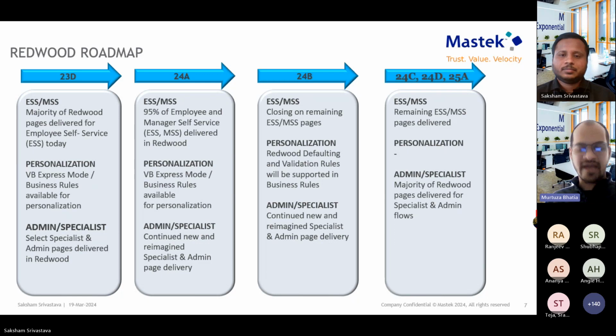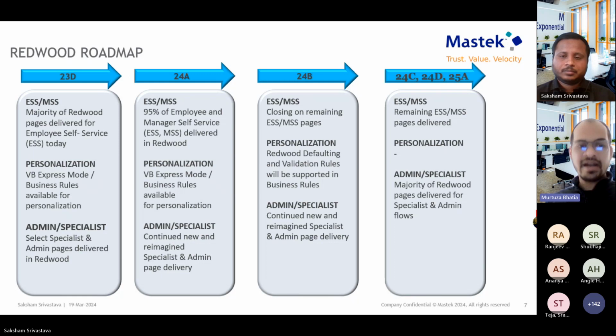And by 25A, all the ESS and MSS pages will be delivered in Redwood, and everyone will have to move their ESS and MSS pages to Redwood by 25A. Okay. And we're also going to discuss the timeline, when 25A is coming and things like that. However, in this journey, there are certain intervals like 24B, where more Redwood pages will be delivered.